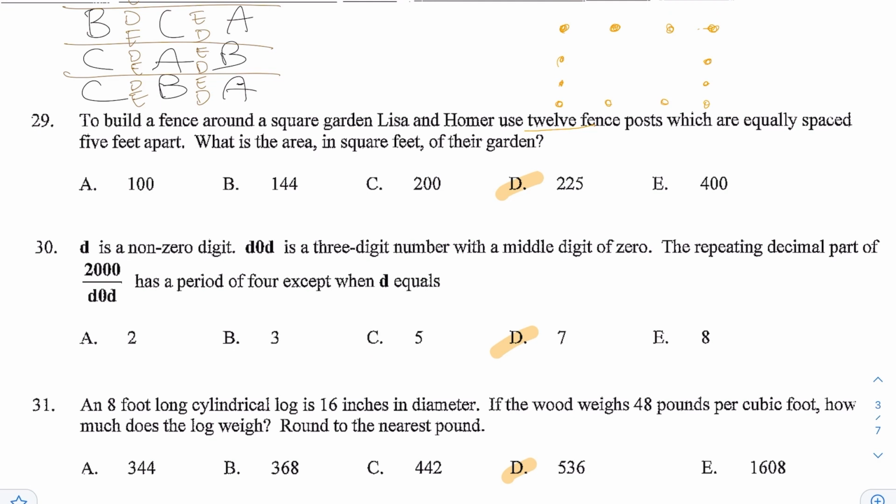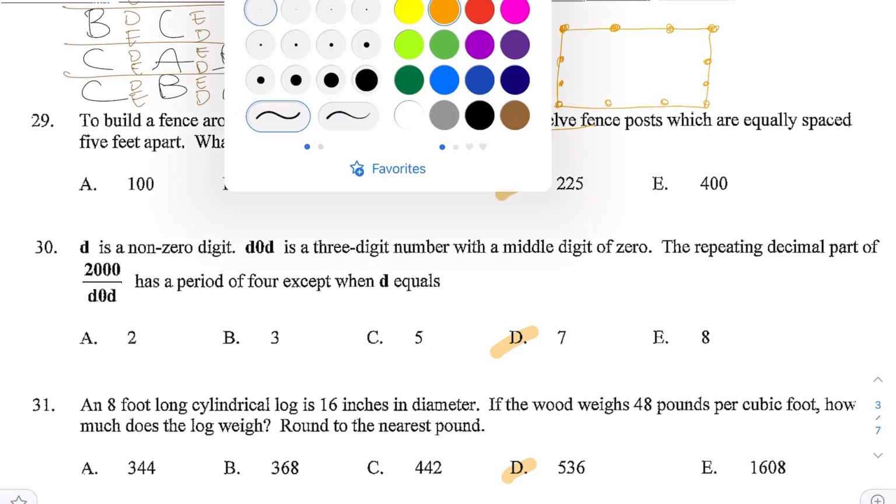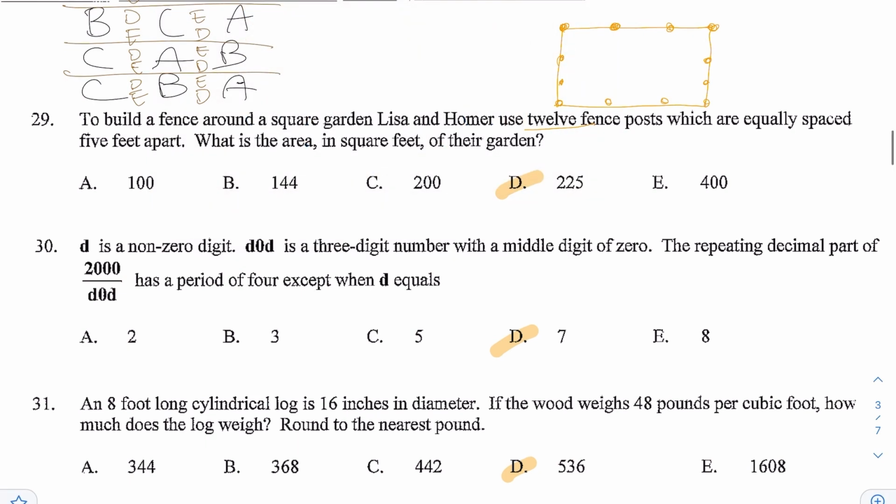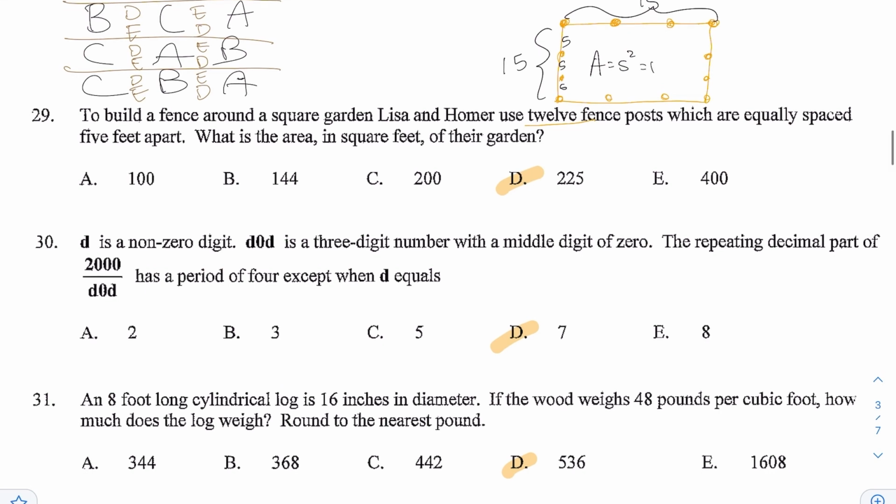So it would be a 4 by 4. And remember, each of these spaces is 5. So it's really 5, 5, 5, or 15. So 15 by 15 for the area, which is side squared. It's going to be 15 squared, or 225. Choice D. So it would be 225 feet squared.